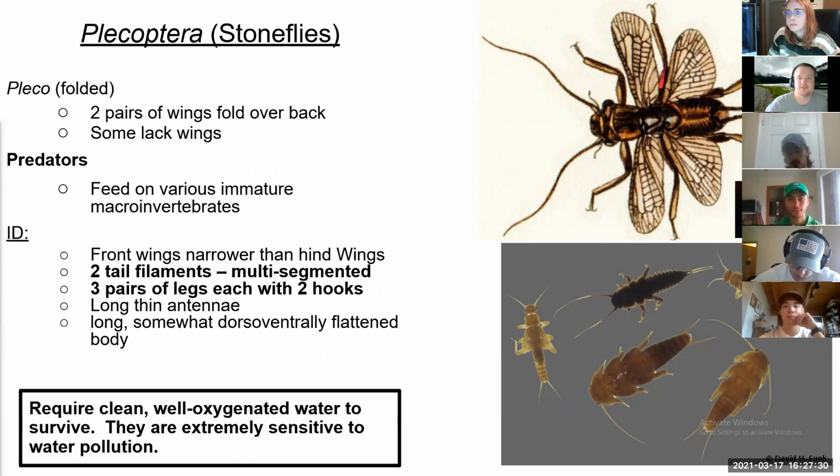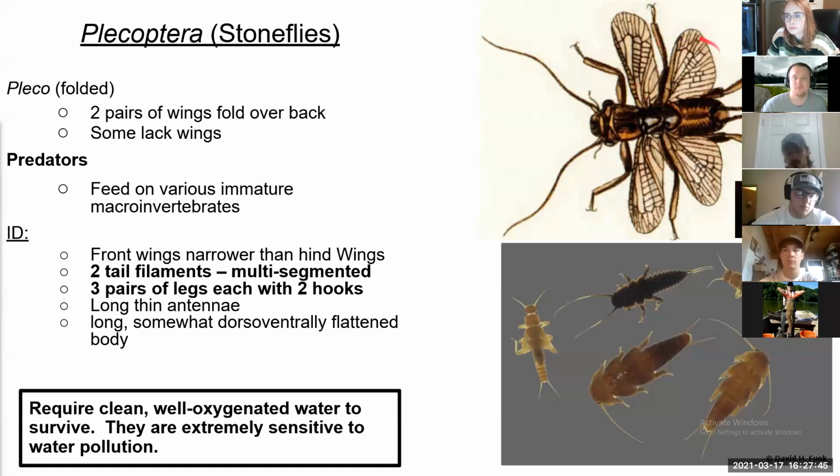So the front wings, this is what I thought was particularly identifiable and a good thing to tell apart from all three of these orders I'll introduce. Front wings are much narrower, whereas the back wings are much wider. These only have two tail filaments, which are segmented.